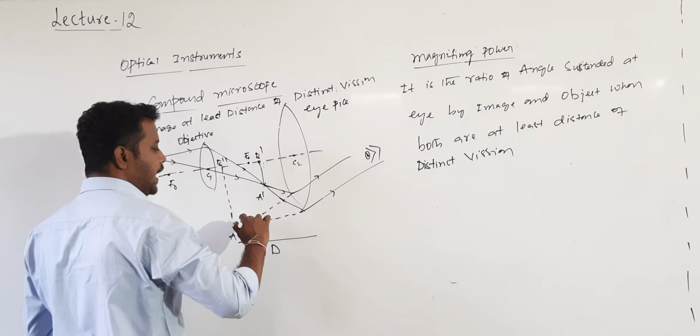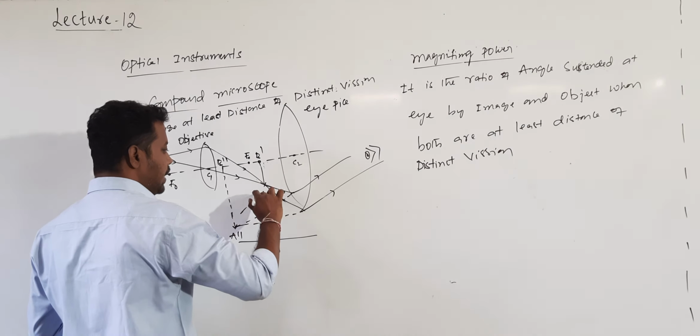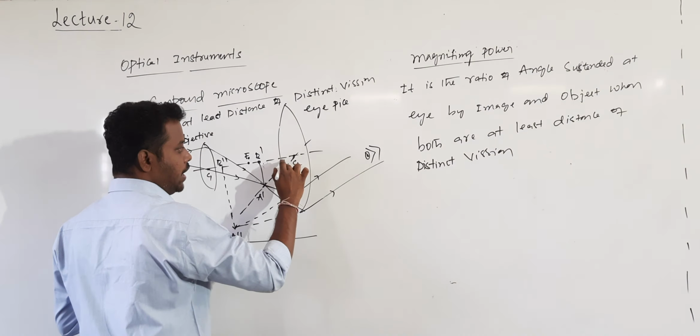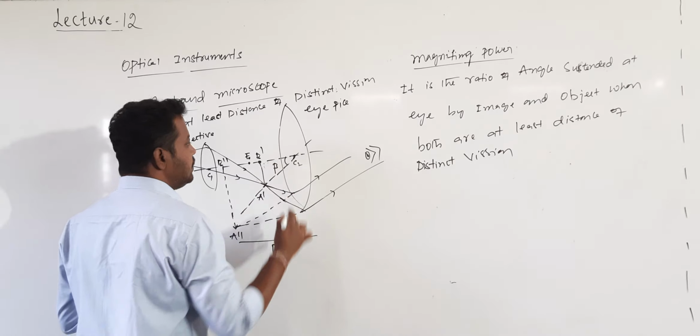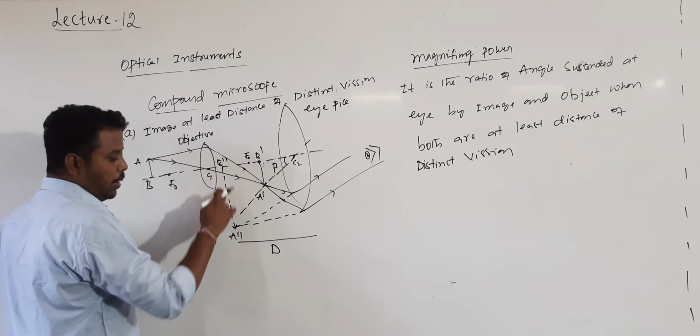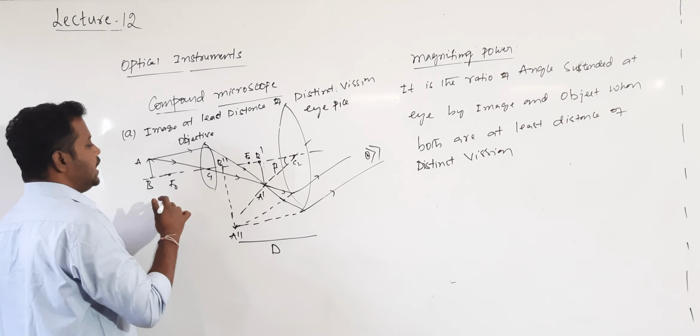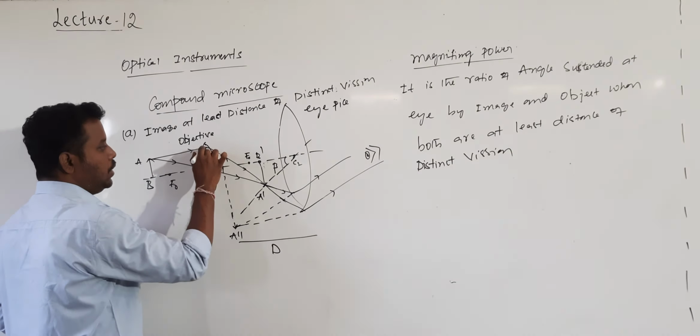Now if I draw a line here, this is the angle subtended by the image. I call this angle beta. Now the image is already at the least distance of distinct vision. To measure the angle subtended by the object, the object will be shifted to here.